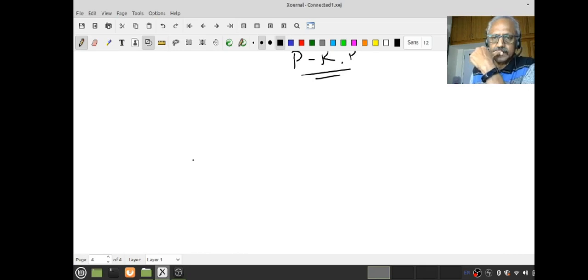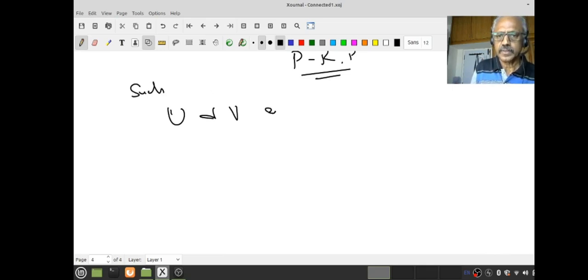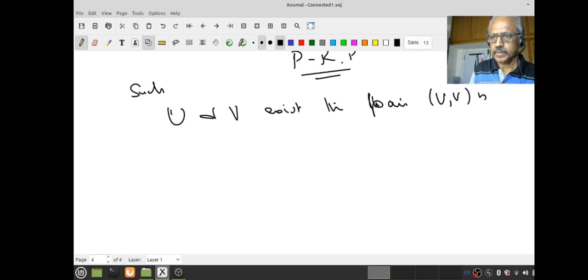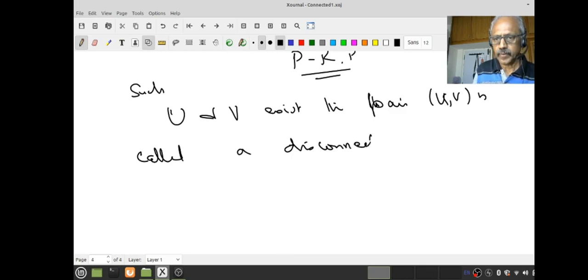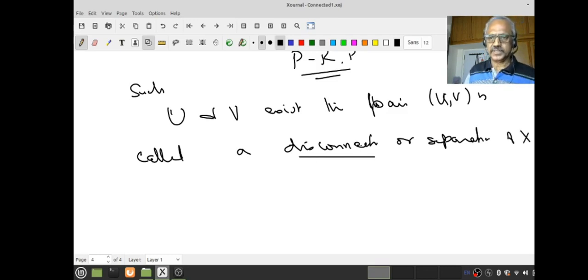So these are the definitions, but let's not worry about them. We are going to work with only 1, 2. If such a U and V exist, let me also give you a definition: then the pair UV is called a disconnection, or a separation, of X. But I will use disconnection to be easier.